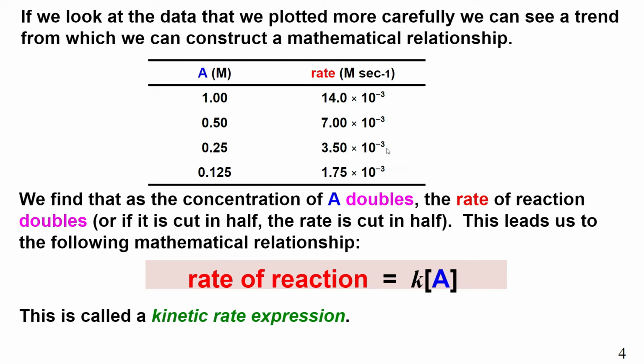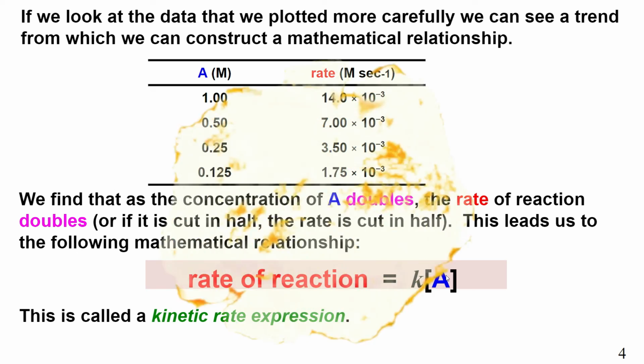So it's a two-way street here. You double your concentration, your rate will double. If you cut your concentration in half, your rate will be cut in half. This led us to this math relationship here: rate of reaction equals k times the concentration of your reactant.